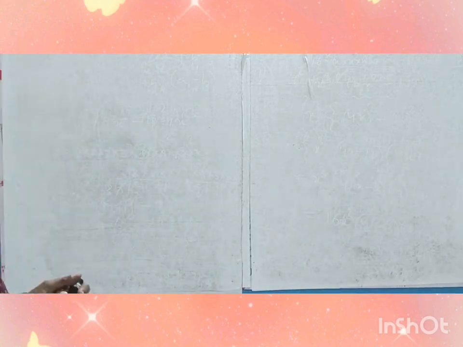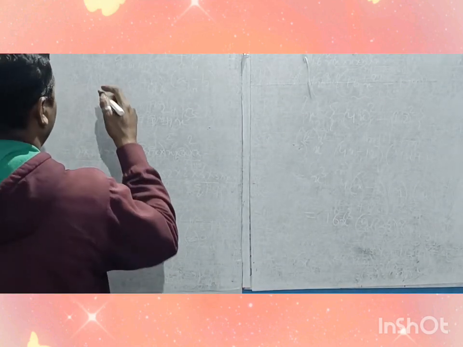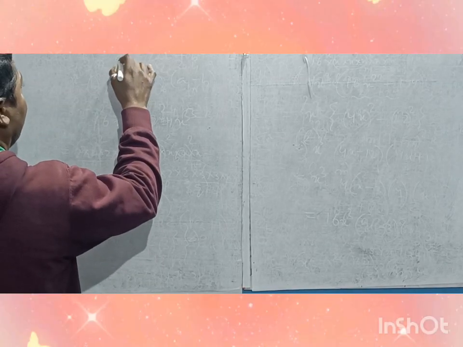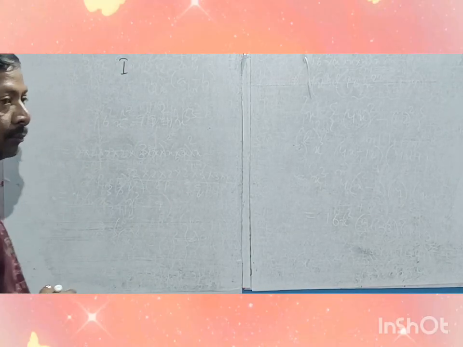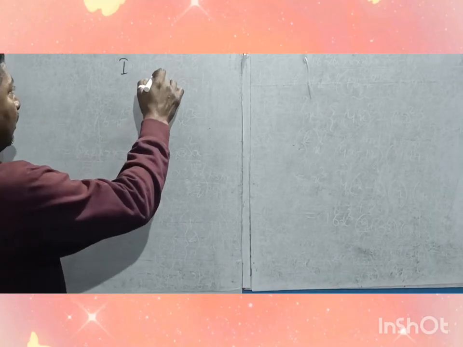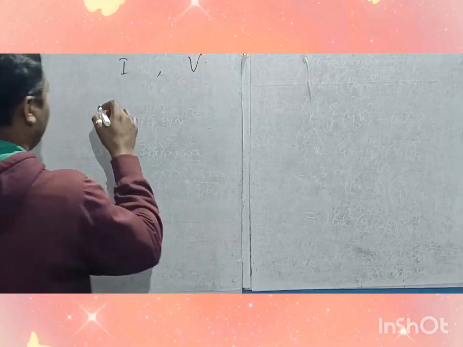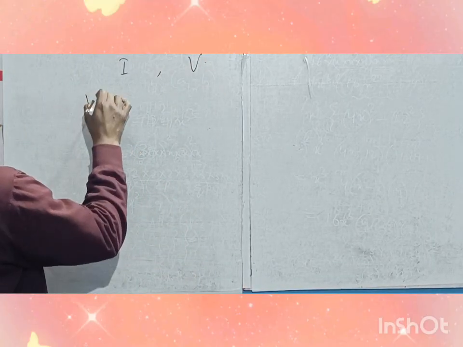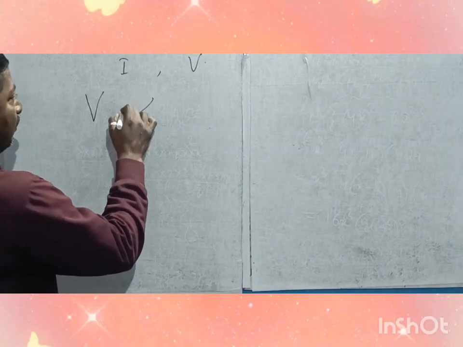Okay. So, in a conductor, if I is the amount of current passing through it and V the potential difference, then according to Ohm's law, the mathematical derivation is V proportional to I.